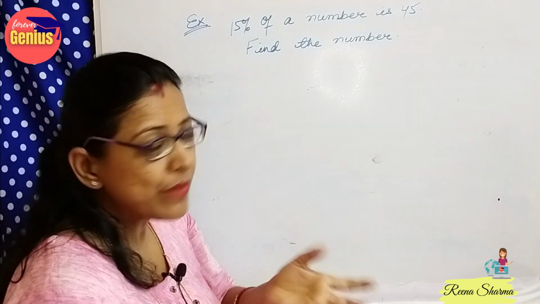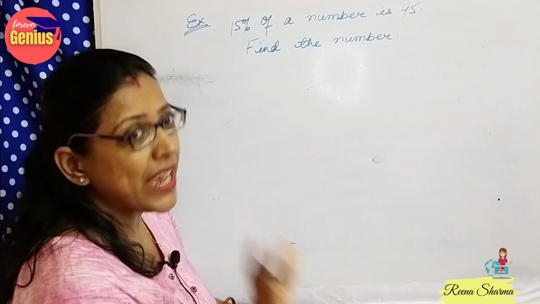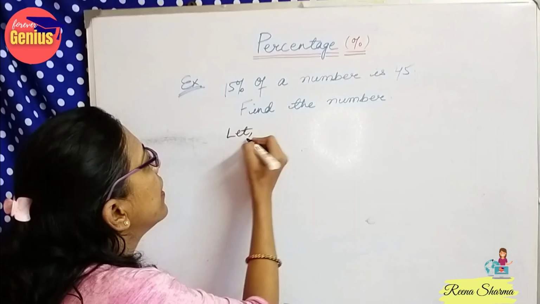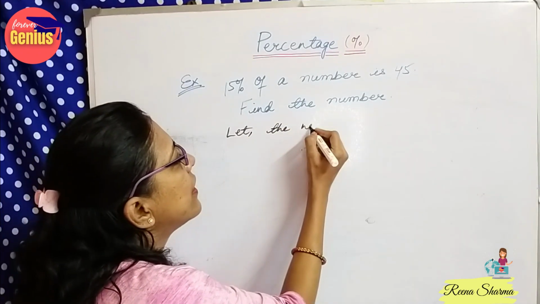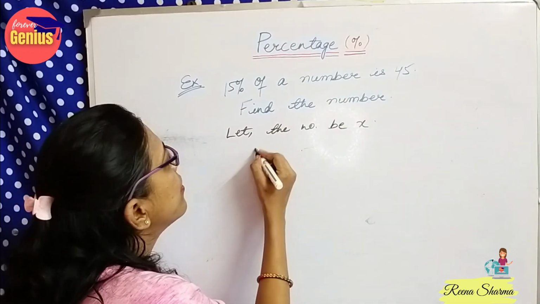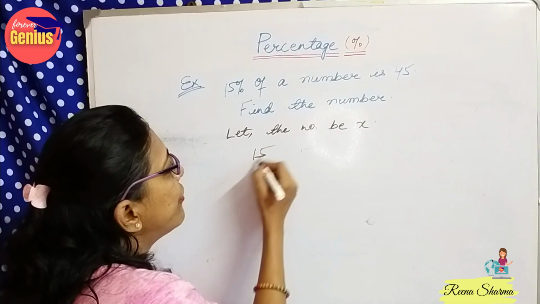So what to do? There are different ways of doing this. Let's see how we can do it. The first way is to let the number be x. So 15%, if a percent sign is given, I will convert it into a fraction.